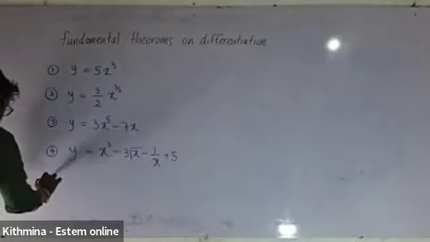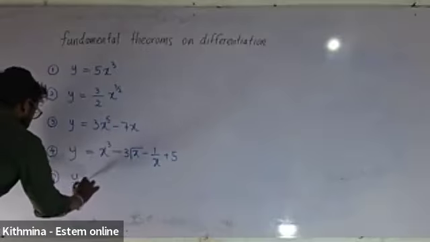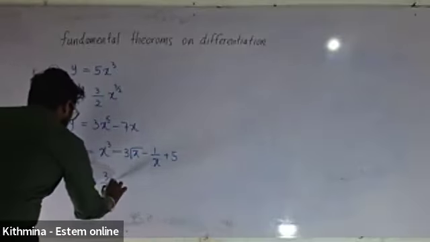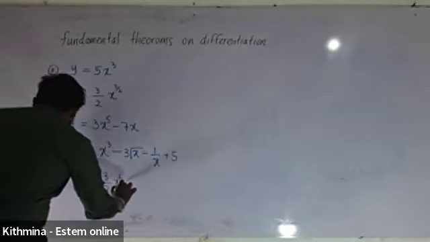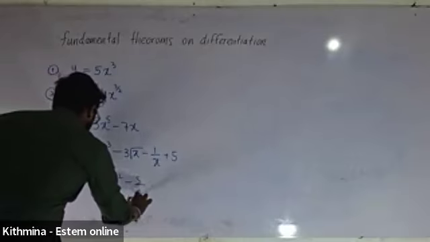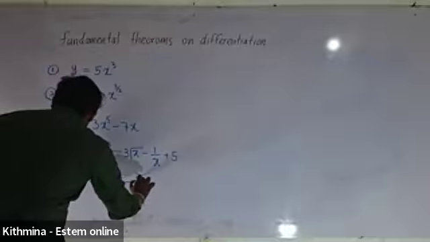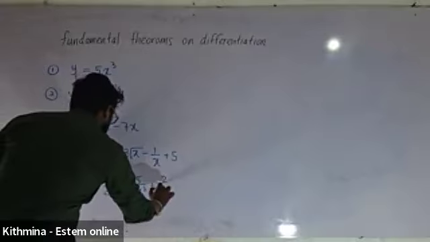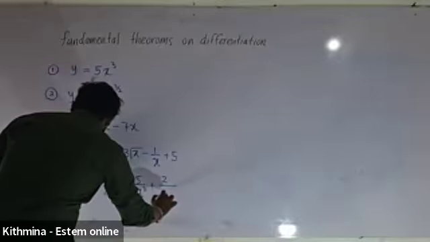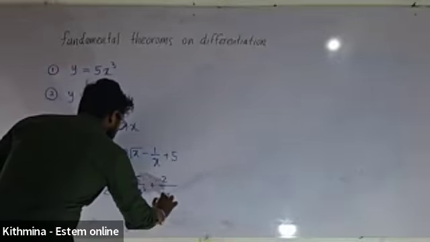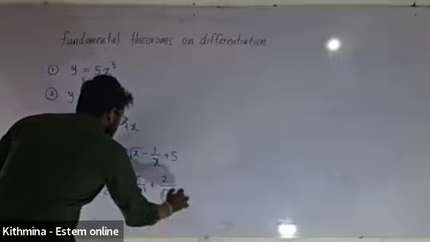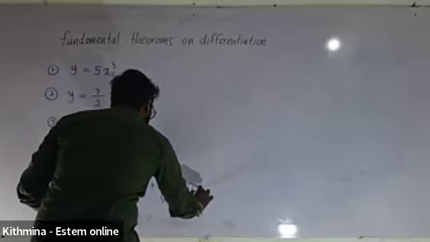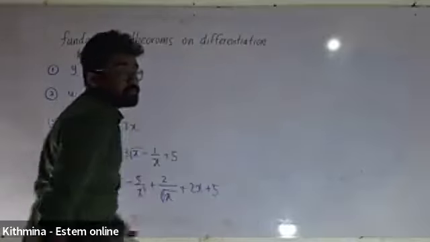The fifth one, y equals 3 over 2x squared minus 5 over x squared plus 2 over the third root of x plus 2x plus 5.